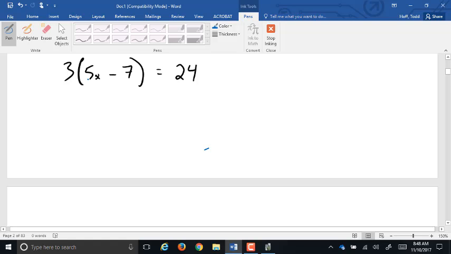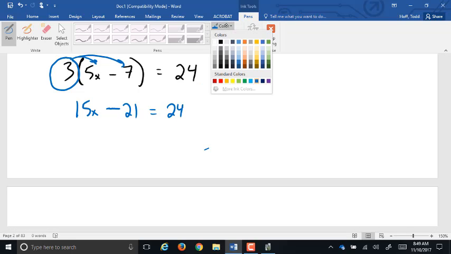Whenever we see parentheses, it should scream at us, do something here first. Is there anything we can do inside those parentheses? No. So the second question, is there anything we need to do to those parentheses? Yes, multiply by 3. 3 times 5x is 15x. 3 times negative 7, negative 21. And now we're back to that form that we've worked with all along.